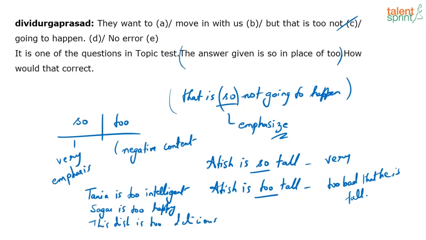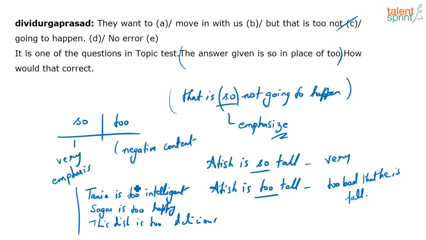Is "too" right in these contexts? Look at the context, okay? Tanya is too intelligent, Sagar is too happy, this dish is too delicious. Is "too" correct in these example sentences? That's my question. Yes or no? Only a one word answer I want. What will I change there in those contexts?